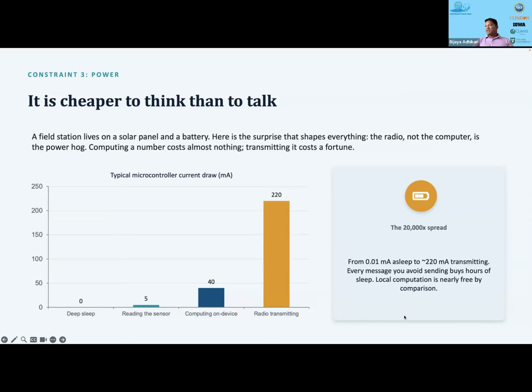So every message you avoid sending buys hours of sleep, and probably minutes of computing as well. So it's better for the sensor devices to do some compute, gather some meaningful things, and then reduce the amount of data that they send out.